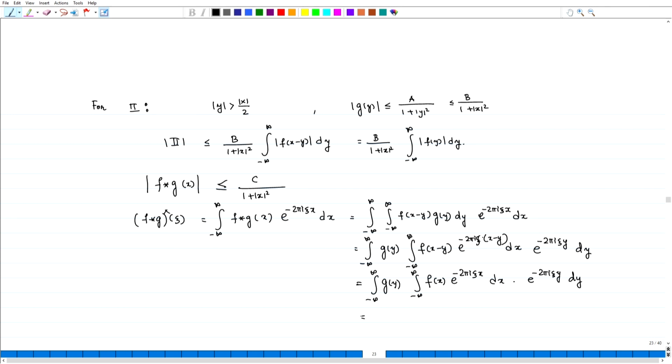This is equal to the integral from minus infinity to infinity of g(y) e^(−2πiξy) dy, multiplied with f hat of ξ, because the inner integral is going to give us f hat of ξ. So, this is nothing but f hat of ξ times g hat of ξ. So, that is also true.